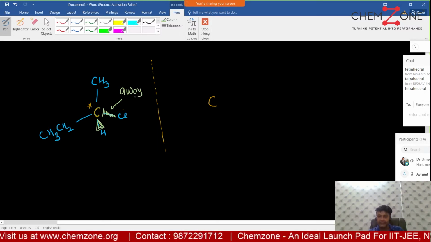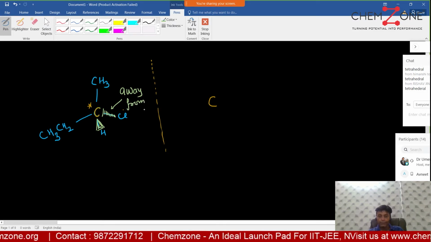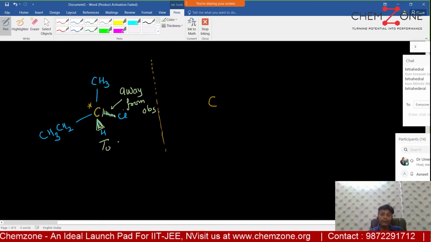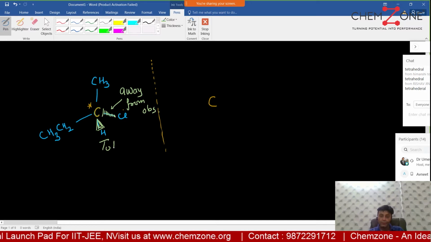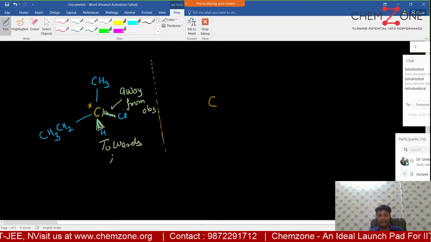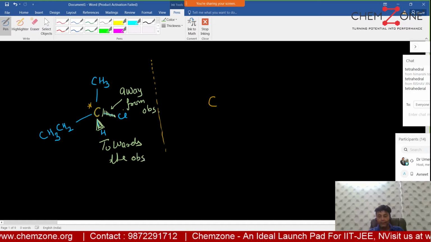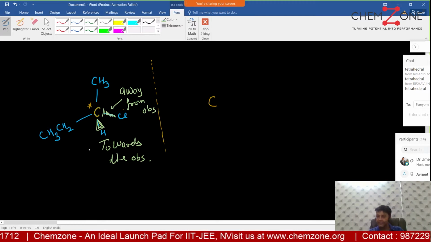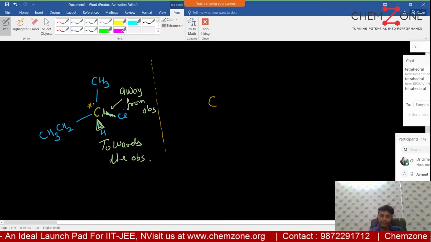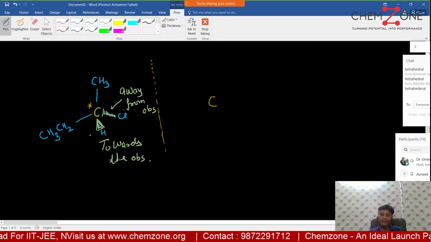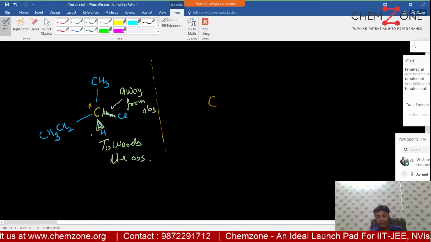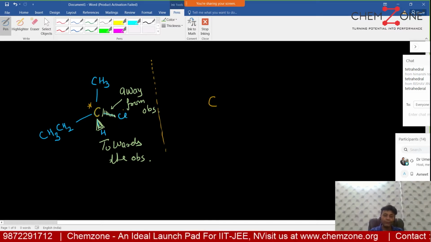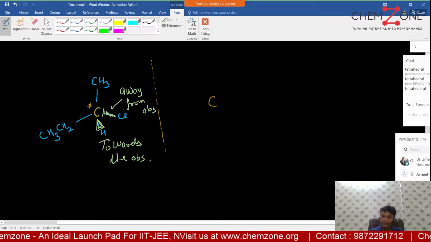It is behind the screen, away from the observer, and this is towards the observer. It is protruding out of the screen, and the two plain lines, normal lines, are in the plane of the screen, in the plane of the paper. It's a 3-dimensional structure. When you say tetrahedral, it means it is 3-dimensional. This chlorine is away from the observer and hydrogen is towards the observer.